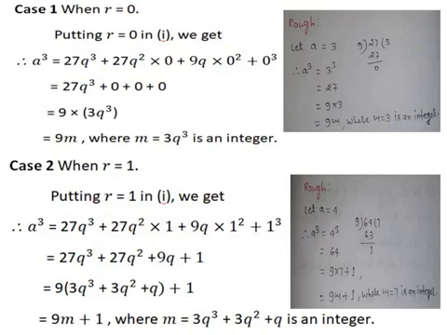Rough: let a equal to 4, a cube equal to 4 cube equal to 64 equal to 9 into 7 plus 1 equal to 9m plus 1, where m is equal to 7 is an integer. So the cube of any positive integer is of the form 9m plus 1.